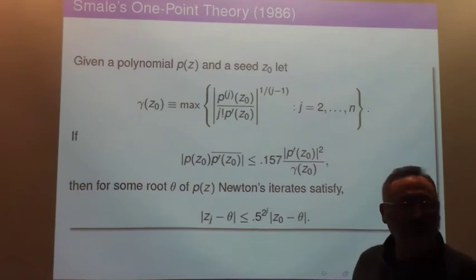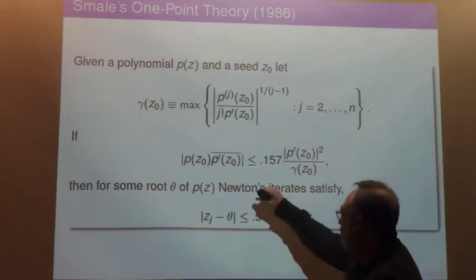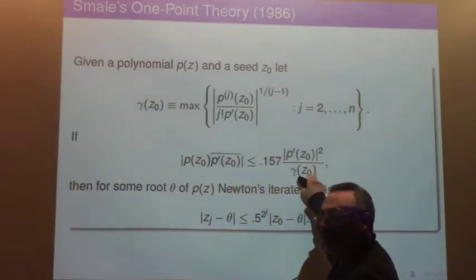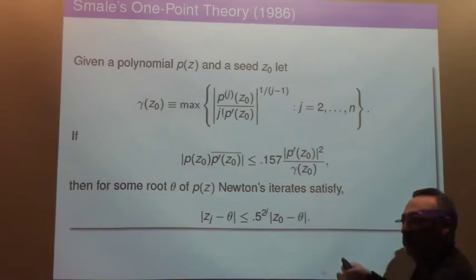So it's very quadratically converging to some root. It's normally not written like this, Smale's condition, but I'm writing it because it's more convenient for what I'm going to present.